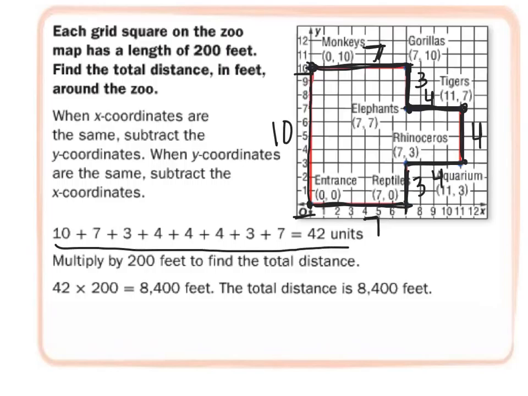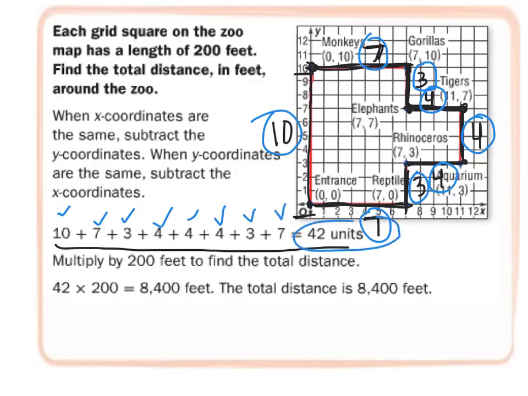So they did 10, 7, 3, 4, 4, 4, 3, and 7. And when you add those all up, you should get 42.